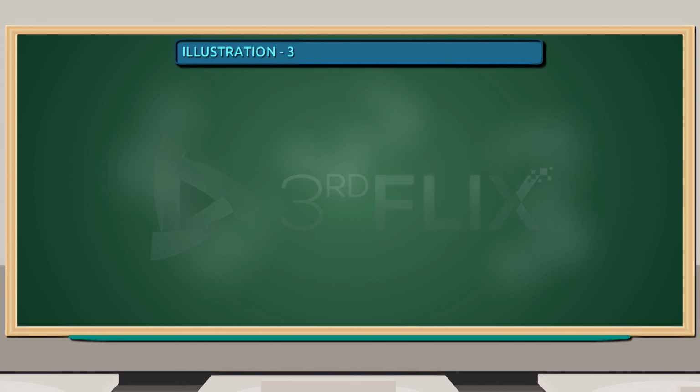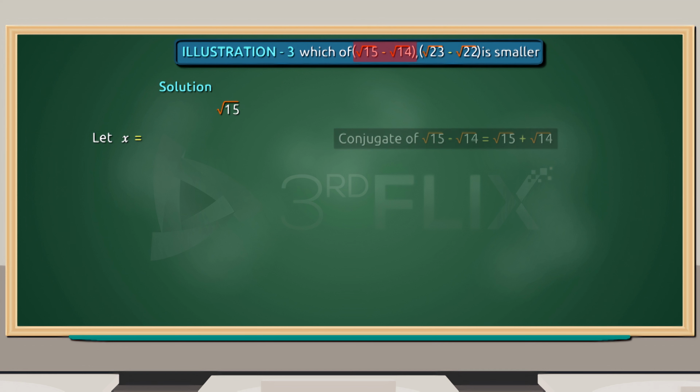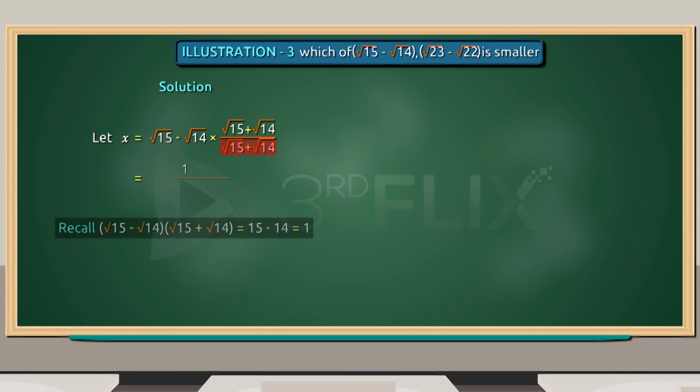Illustration 3. Which of root 15 minus root 14, root 23 minus root 22 is smaller? Solution. Let x equal root 15 minus root 14 into root 15 plus root 14 by root 15 plus root 14, equals 1 by root 15 plus root 14.